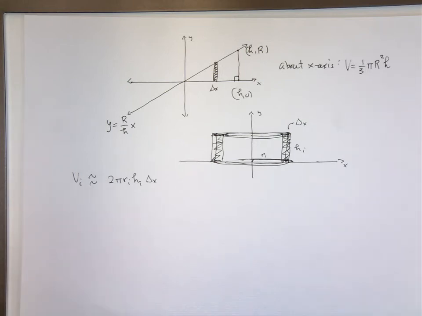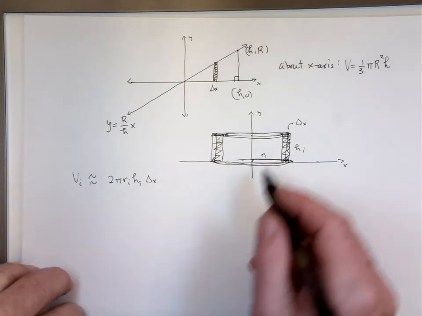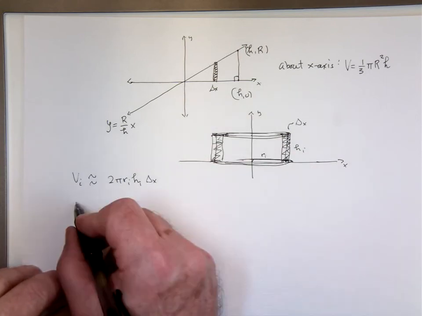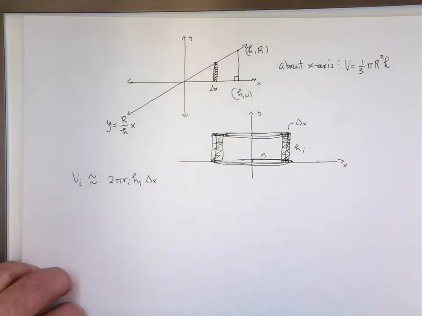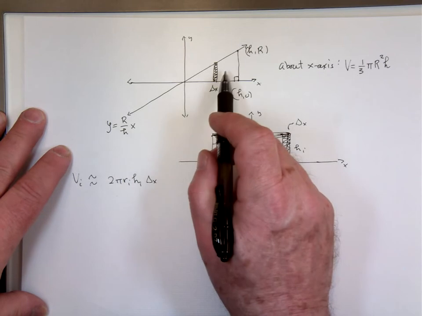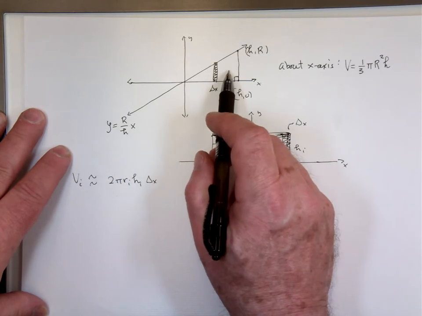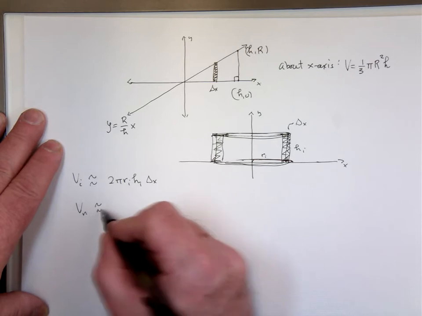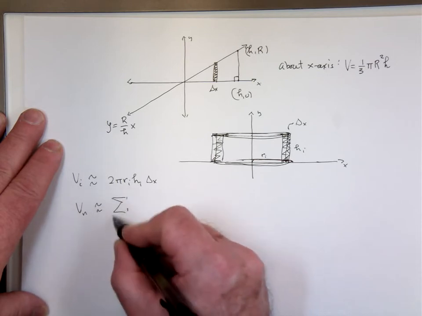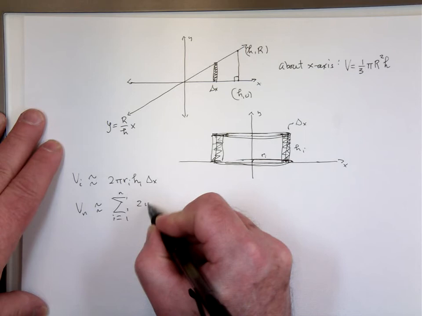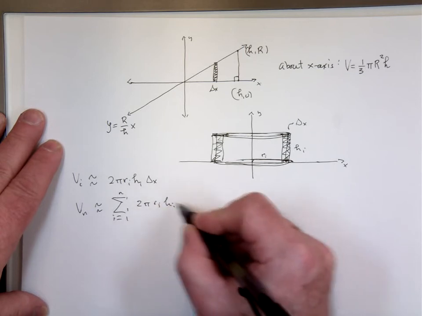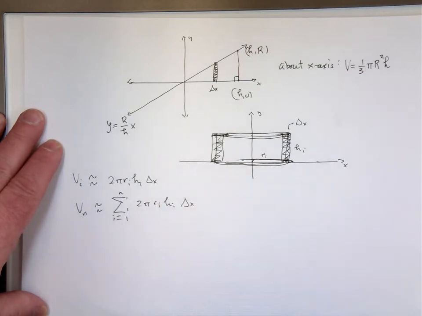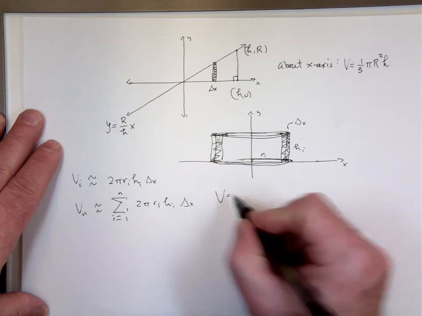So what's the approximate volume of the solid generated by rotating this around the y-axis? That volume, in terms of n of these, is going to be the sum. The exact volume is equal to the limit as n goes to infinity of this sum.